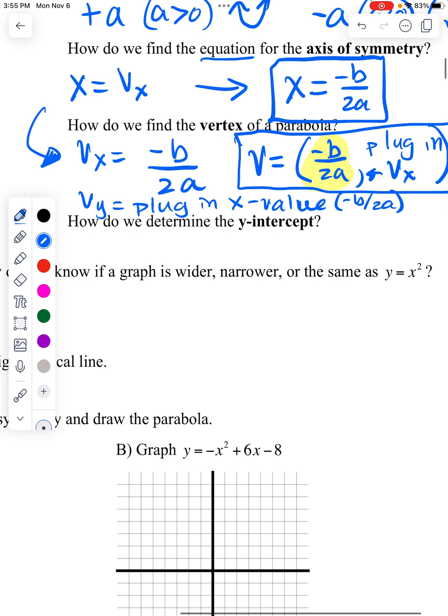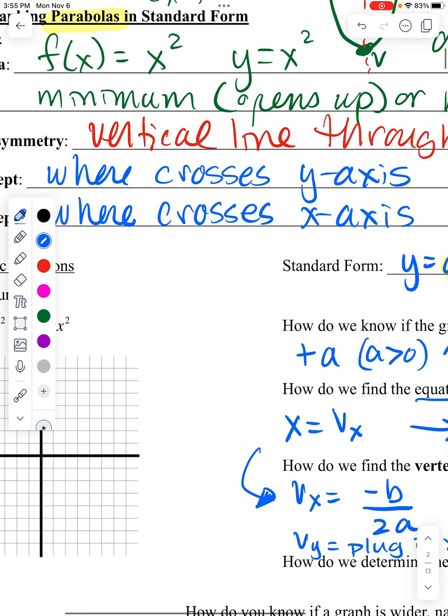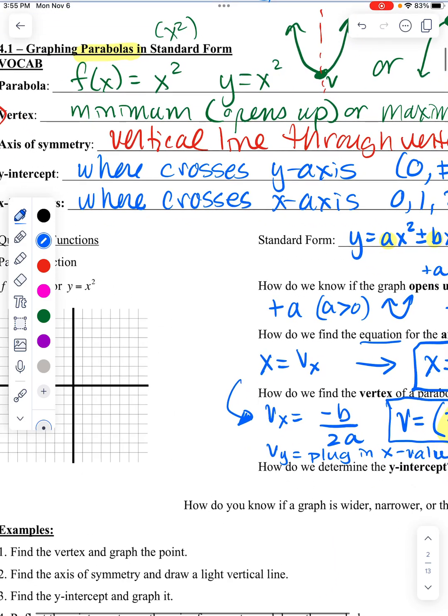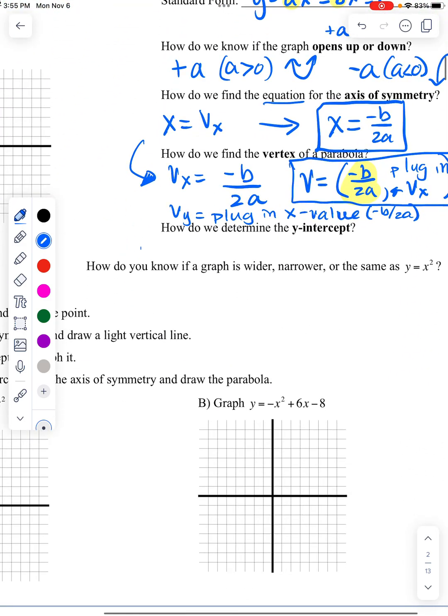How about the y-intercept? Keep in mind that for the y-intercept, if you look up above here, that's where it crosses the y-axis, and x has to be 0. So the easiest way for us to do that is to plug in x equals 0 to the original equation.